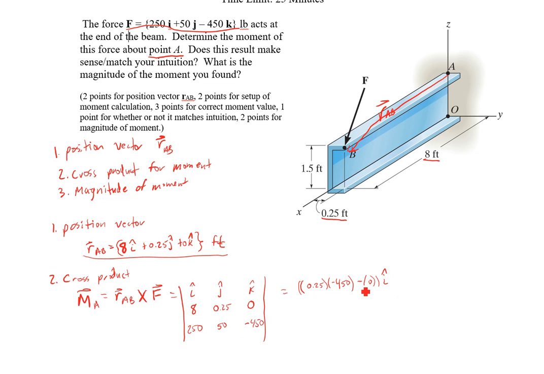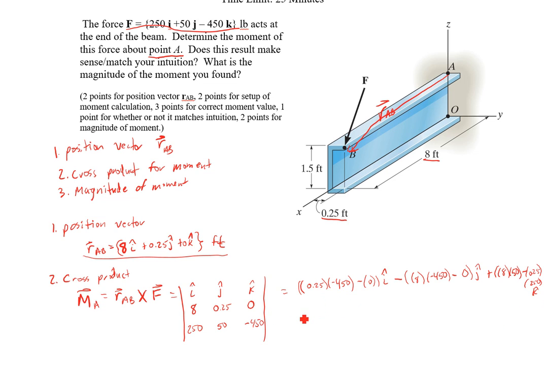Then we have negative, doing it the book way here, covering up the j column, 8 times negative 450 minus 0 times 250, that's j hat. And then plus, covering up the k column, 8 times 50 minus 0.25 times 250, that's k hat.